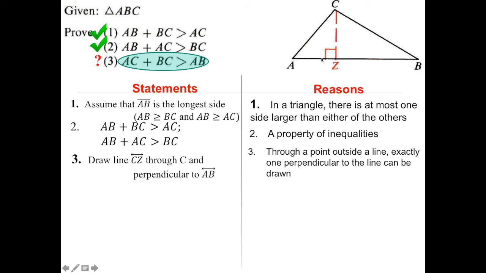AB here needs to be smaller. So we need to prove that this plus this is not as long as this plus this, because AB is the same thing as AZ plus ZB from the segment addition postulate. What are you noticing?